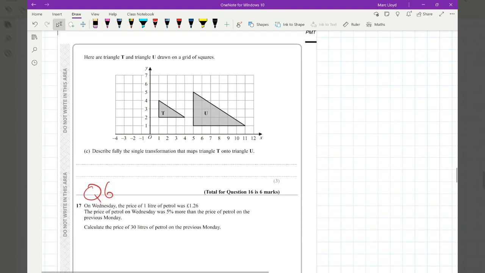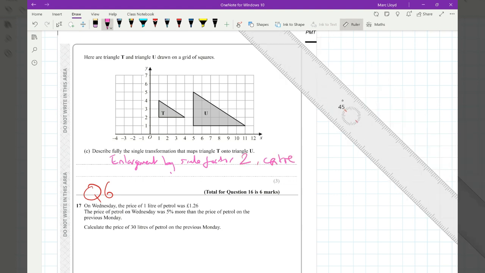Okay, last part. Describe fully the single transformation that maps T onto U. So this is an enlargement by scale factor. So that's got height, scale factor of 2. Then we need to find the center. So I'm just going to use my ruler.